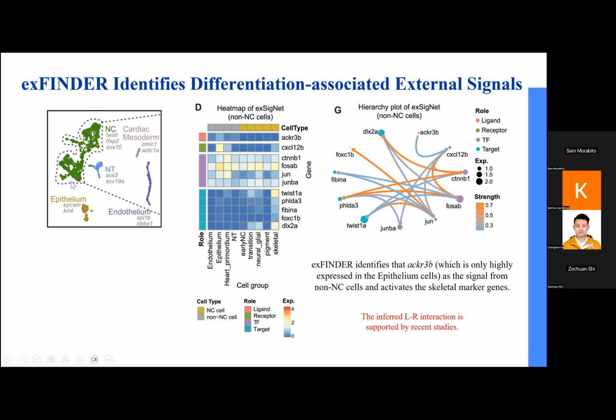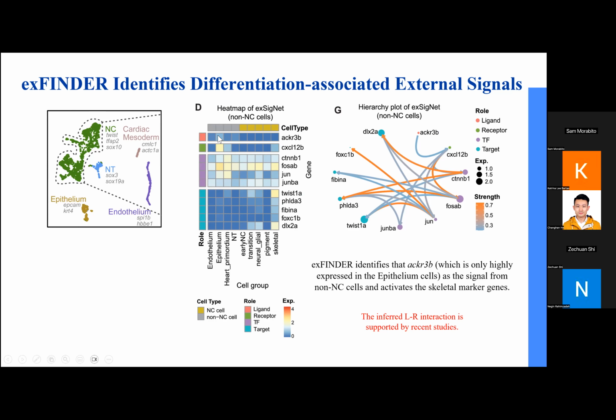If you perform regular cell-cell communication analysis on these neural crest cells, you will not be able to find this ligand, but Expounder actually found it. We plotted this heat map to show that this ligand is indeed highly expressed in this cell group.